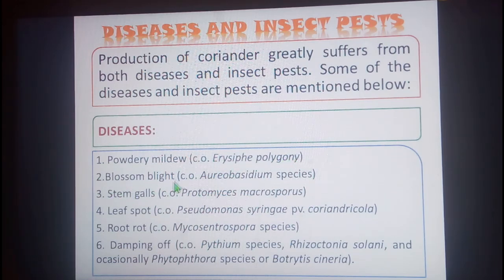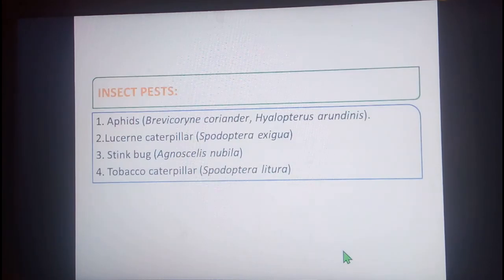Then we have blossom blight, stem galls, leaf spot, root rot, and damping off. You can see this leaf spot caused by Pseudomonas syringae, which is a bacterium, and most of the other diseases are caused by fungal species. The insect pests include aphids, the lucerne caterpillar, the sting bug, and the tobacco caterpillar. These are the main insect pests which cause infection in the coriander plant.